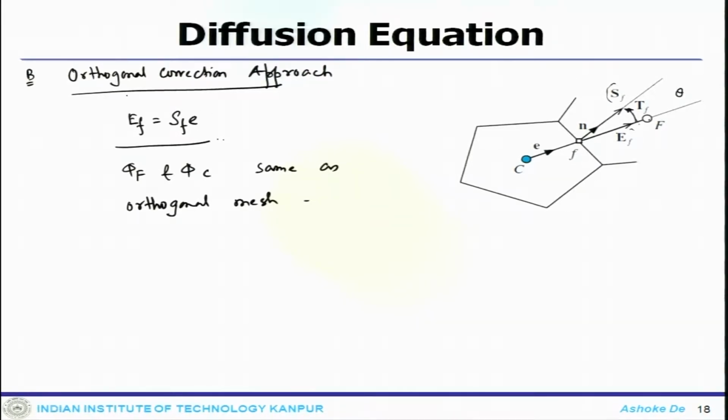So, this is why it is called the orthogonal correction approach. You just take a contribution that involves the information of these two cell centers as we have done for the orthogonal mesh, irrespective of the degree of non-orthogonality. This may not be a very acceptable approach, because if your theta increases, this can create trouble.